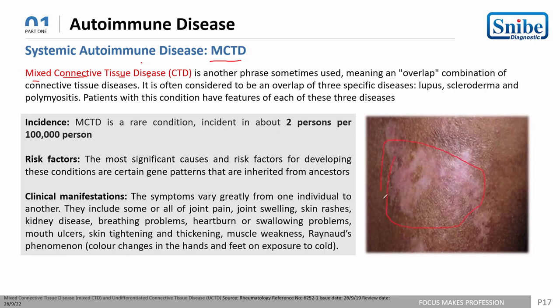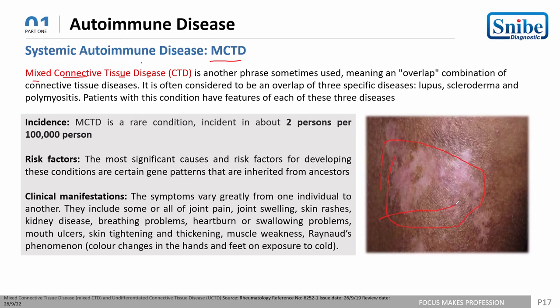The symptoms vary greatly from one individual to another. They may include joint pain, joint swelling, skin rashes, kidney disease, breathing problems, heartburn, swelling, mouth ulceration, skin tightening and thickening, muscle weakness, and Raynaud's phenomenon, which is color change in the hands and feet on exposure to cold.